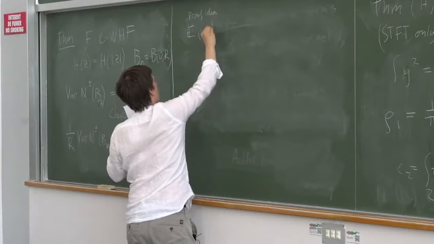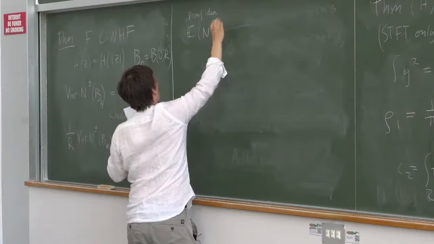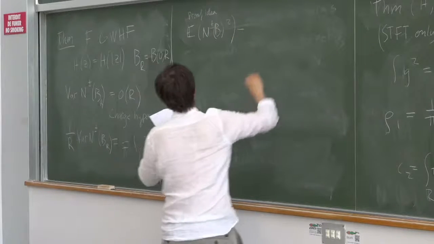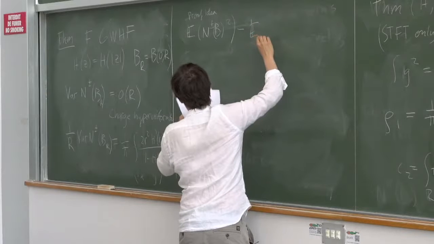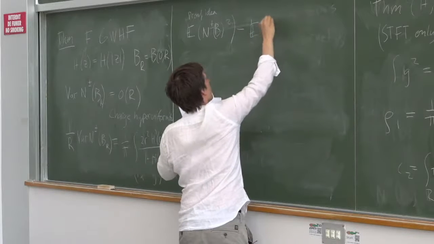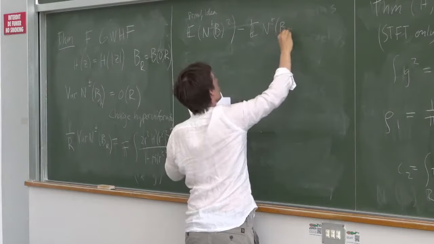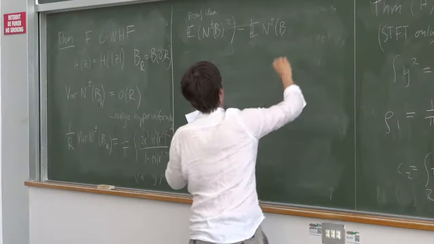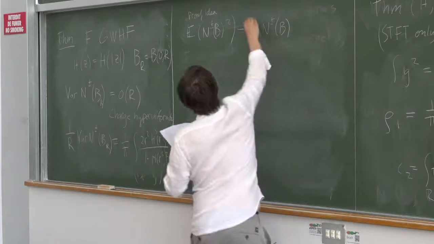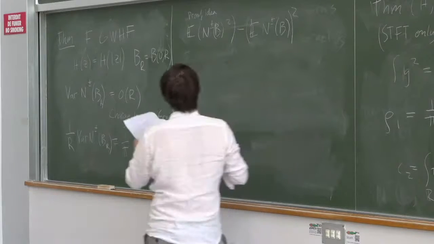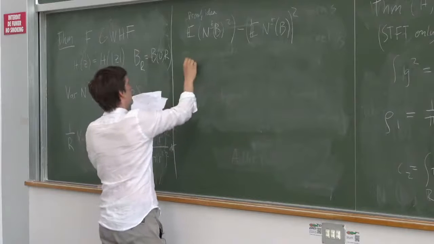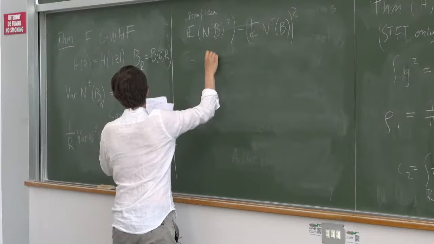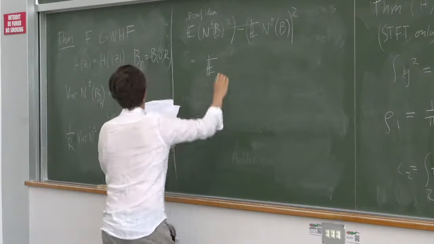But let's see. So then we look at this squared, that's the variance, minus the expectation. I just stop writing this B here, B is B_R. That should be the variance. So we rewrite this a little bit.